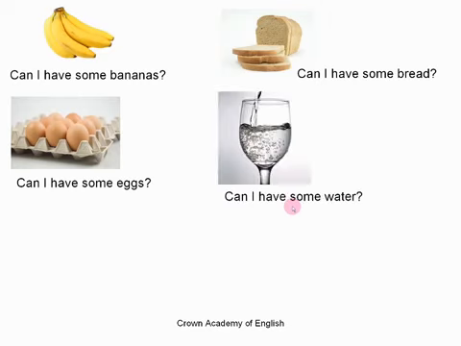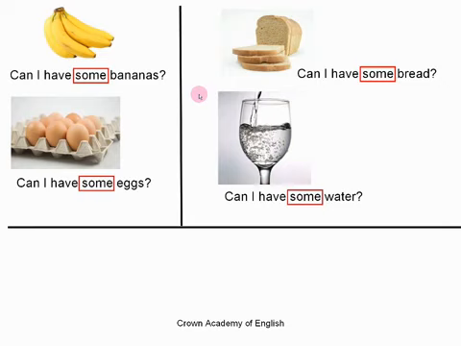Can I have some water? So again, here, in all four sentences, we are using the word some. And if you look carefully, in fact, all of these sentences are questions. We are asking to receive something. Okay, we want something, so we are asking for it.